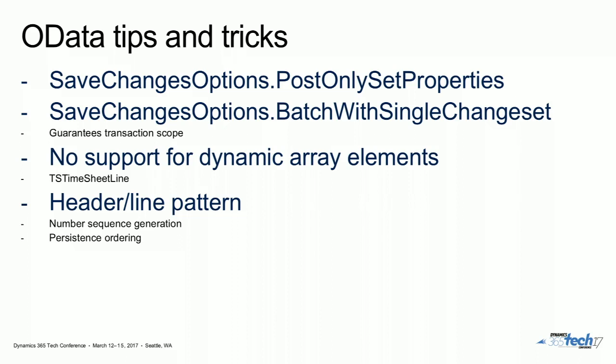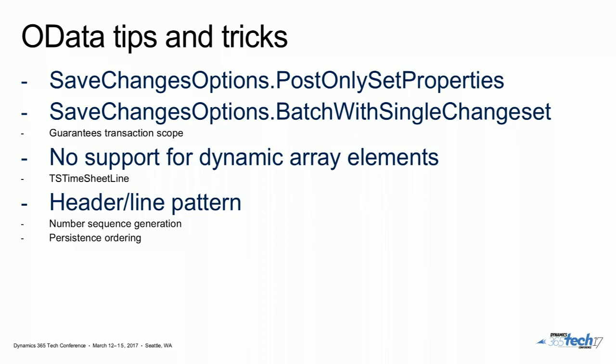And so within your C# code, you can still go ahead and call AX classes, operation classes to generate the number sequence and assign it to the header, and then you can assign it to the line, and you can bundle this call so that if anything breaks, it's completely undone from a transactional scope standpoint.